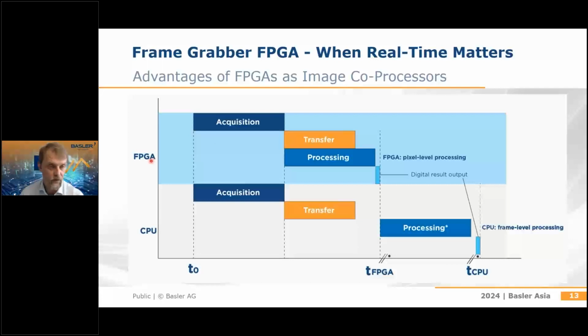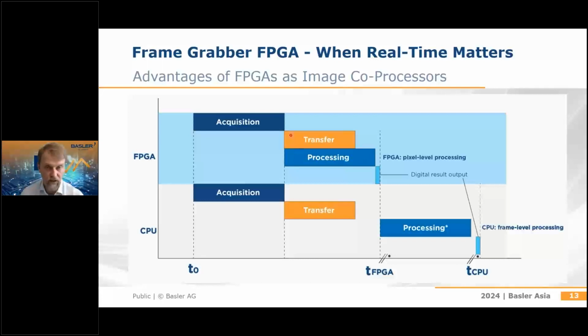When you use a frame grabber with an FPGA, you can already start looking into the data during the data transfer. So while pixel by pixel, line by line, and image by image is getting transferred, the FPGA can already work on this.